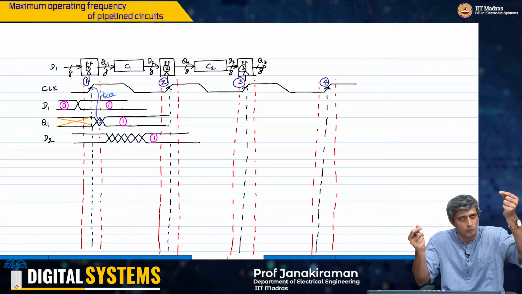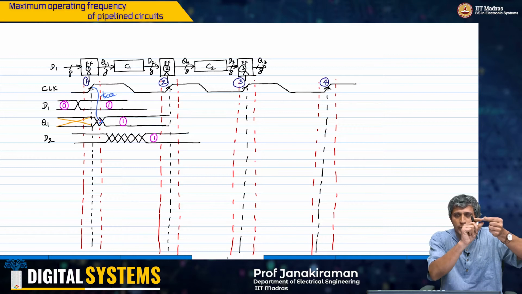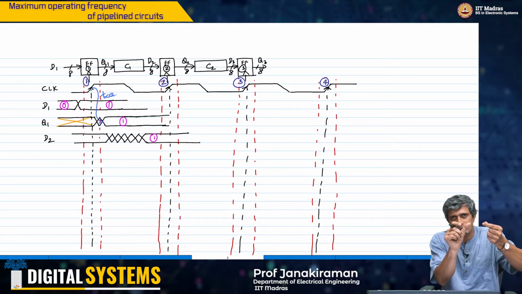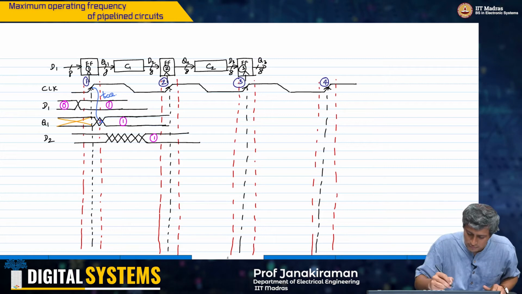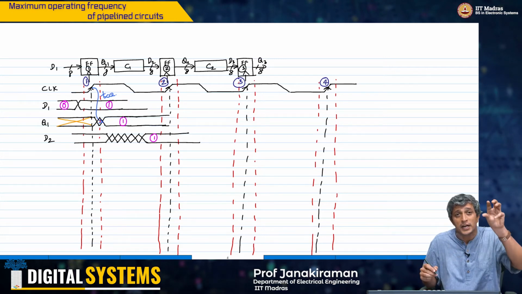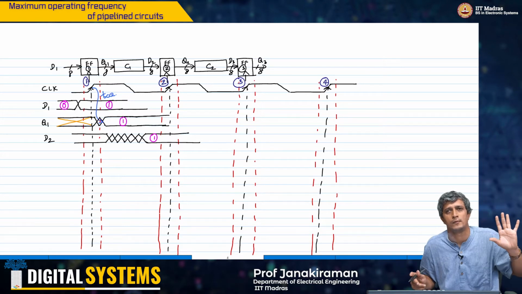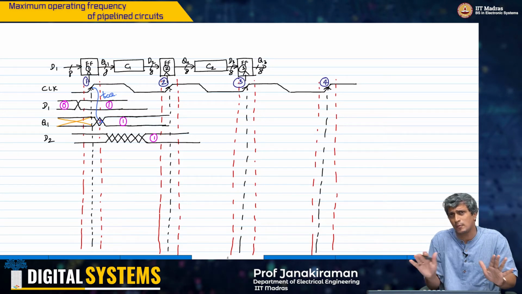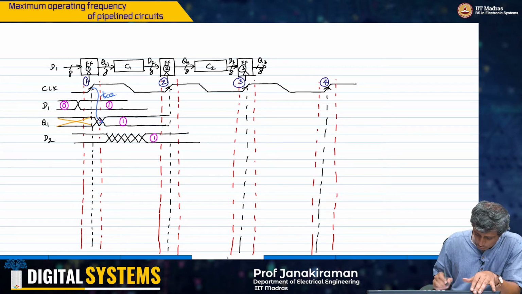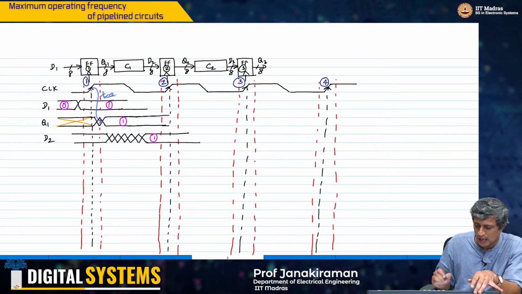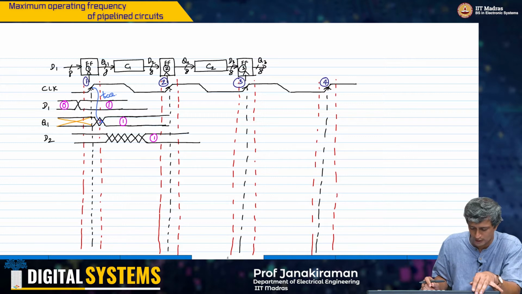D1 could be one 8-bit number. The combinational block C1 is processing that and resulting in another 8-bit number on D2. But I am just saying it is corresponding to that event 1 that came into D1. This is the same convention I have been following all through in this course. So I do this, and then it appears at D2.